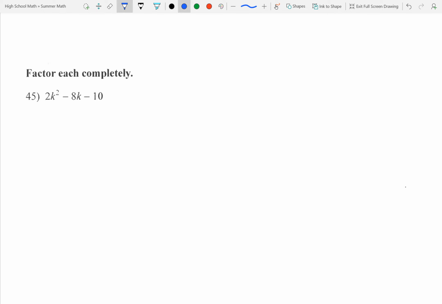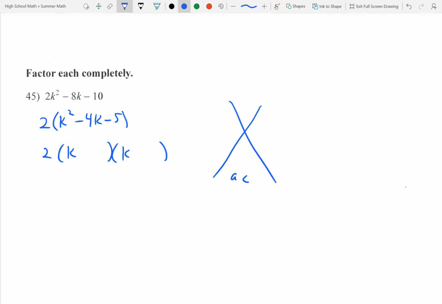Factoring completely, 2k squared minus 8k minus 5. Hopefully you see the GCF of 2. So factoring out that first leaves k squared minus 4k minus 5. Now we could use our big X method. I know that k squared is going to be k and k. In the bottom we have a times c, in the top b.